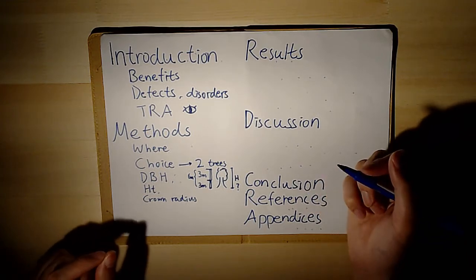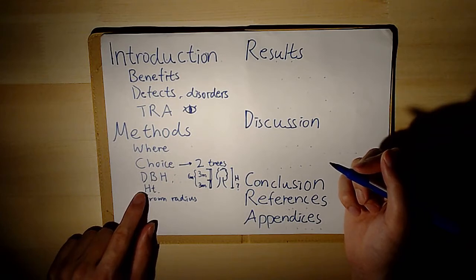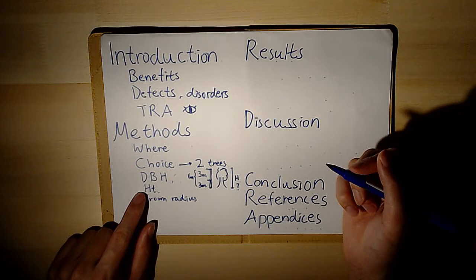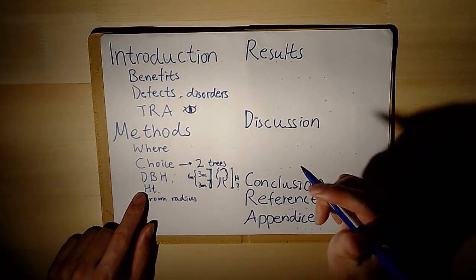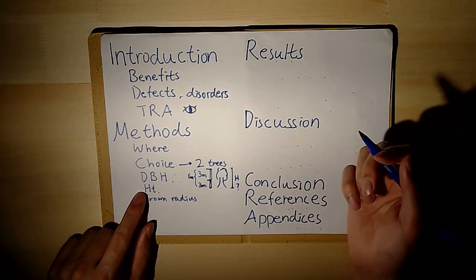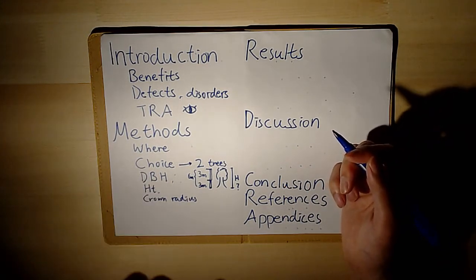Let's say if a tree is tall and it is risky, it will have a higher hazard level than a tree that is shorter and smaller. That is how you will utilize these measurements.